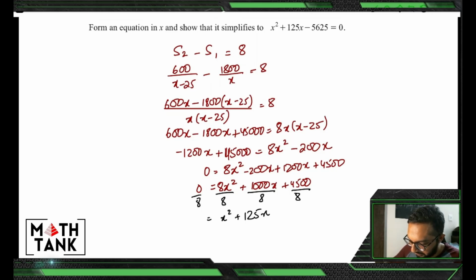36. Okay, I think I messed up the sign. It's a negative there. 45,000. Sorry, 45,000.